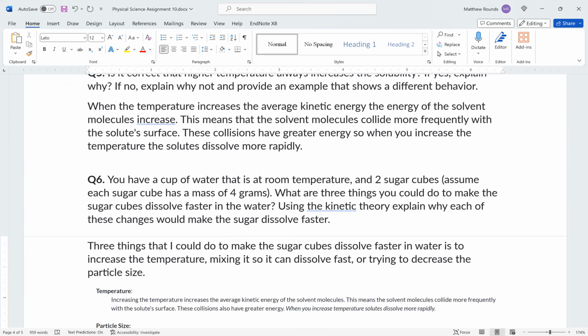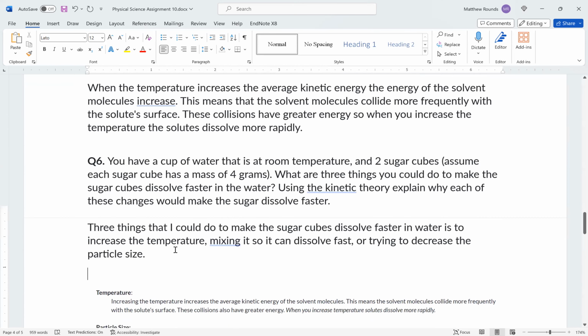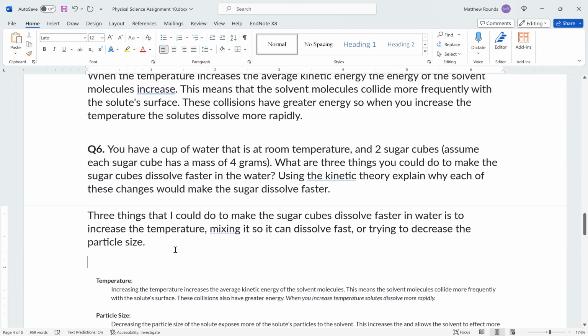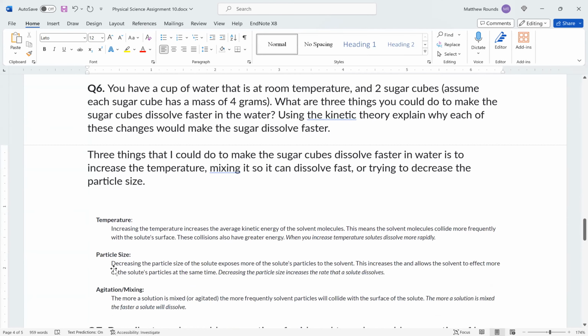That's fine. You now have to add in a sentence that says, what does increasing the temperature do related to kinetic theory? And you're just talking about how the molecules collide more frequently. Okay. Then you're gonna add another sentence for particle size.